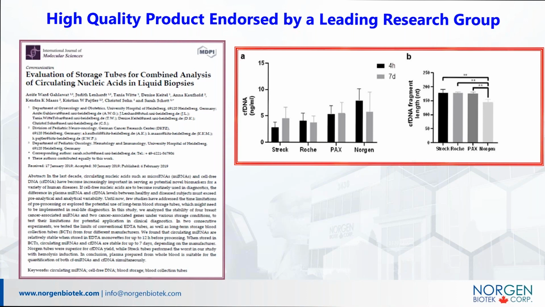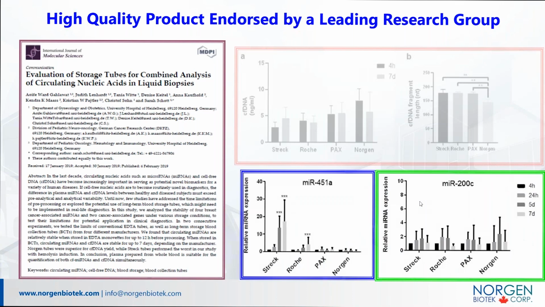In terms of the cell-free RNA, they assessed the hemolysis by the amplification of miR-451A expression, and the heme absorption, as we did. And they found that Norgen's tube and PAXgene tubes were the best regarding the hemolysis, showing no induction of hemolysis for up to 7 days.